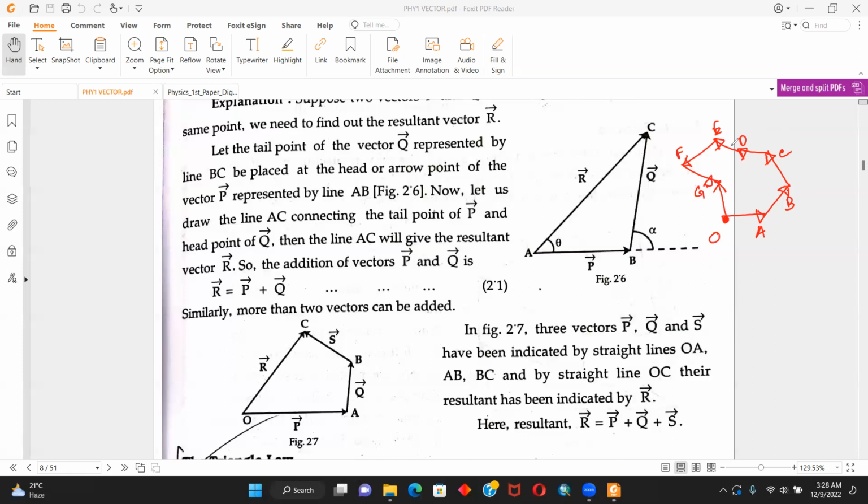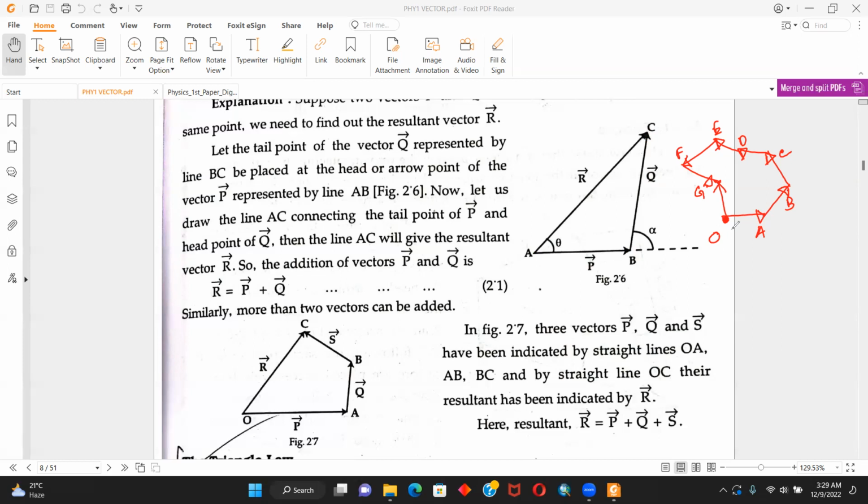Now, after all this is done, what we can see is the G point is the terminal point of the last vector in the cycle. So if we join the G point and O point together, the direction from O to G will be the resultant of all the vectors together.